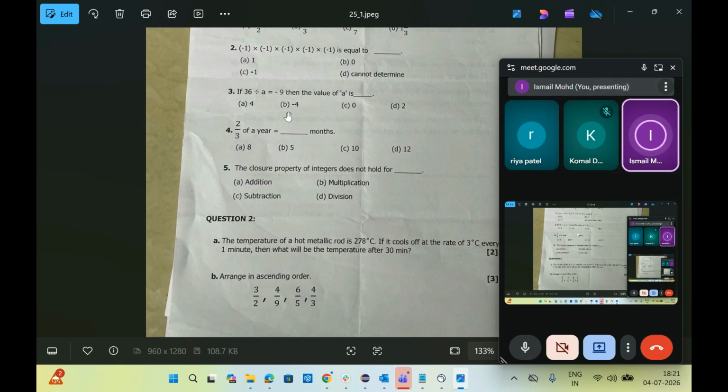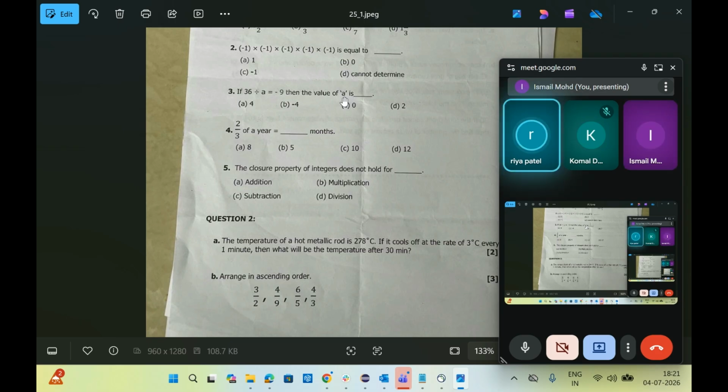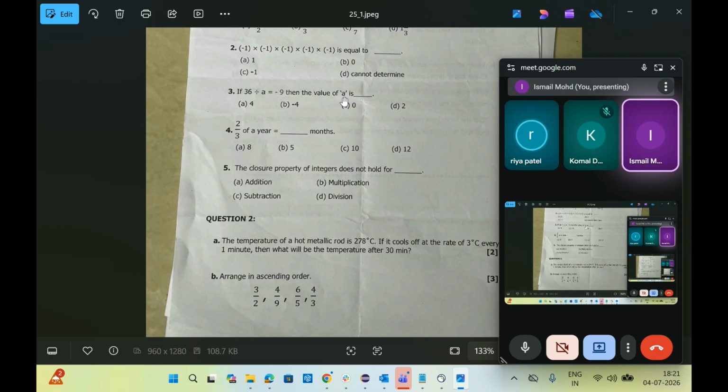Now you see, 36 divided by A is minus 9. Then what is the value of A? So 36 by A is equal to minus 9. A you send to the other side and minus 9 you bring to the 36 side.